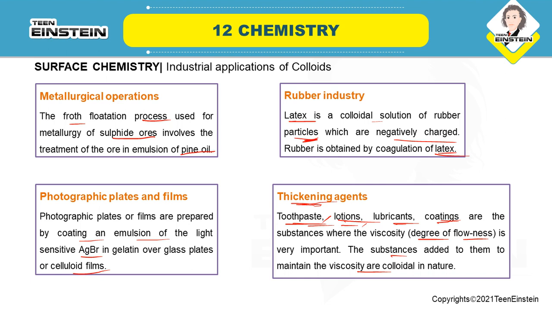In some cases it may be required that viscosity should be high, that is, degree of flowness will be very low. So depending on that, we can control it by adding some colloidal substances. They are called thickening agents, because by using these agents we are basically controlling the viscosity of the material.